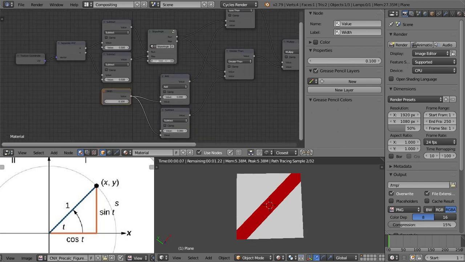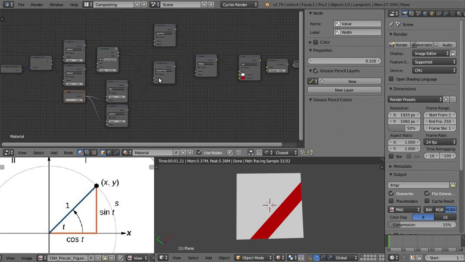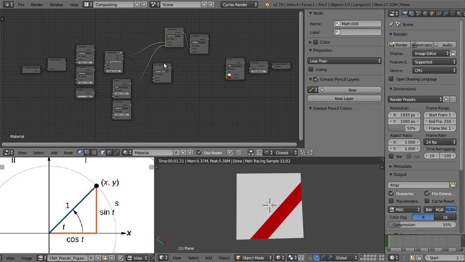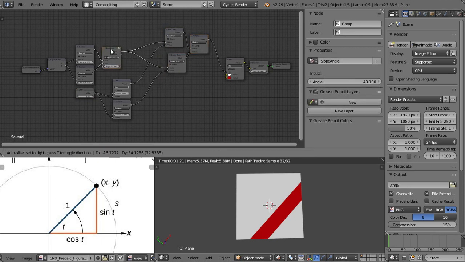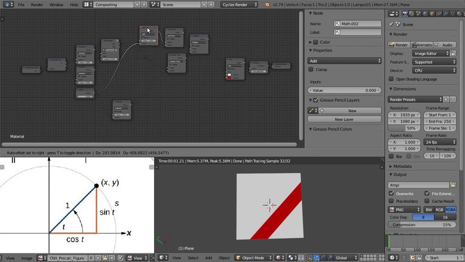So now we have an angle, and we can control the offset of the angles. All of this here, here, here, here, there, and the width.